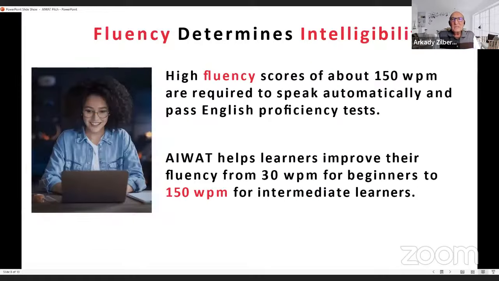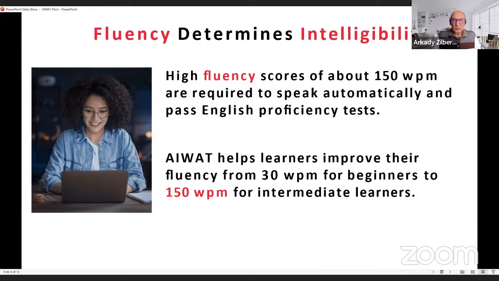We know that fluency determines intelligibility. AIWAT helps learners improve their fluency from 30 words per minute for beginners to 150 words per minute for intermediate and advanced learners. We also know that high fluency scores of about 150 words per minute are required to speak automatically to pass English proficiency tests.